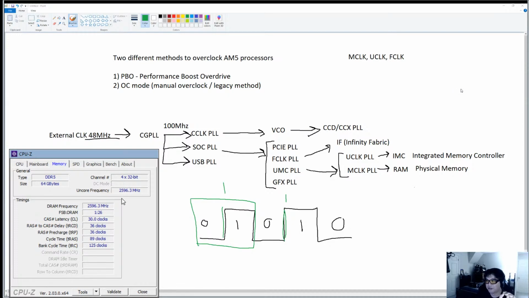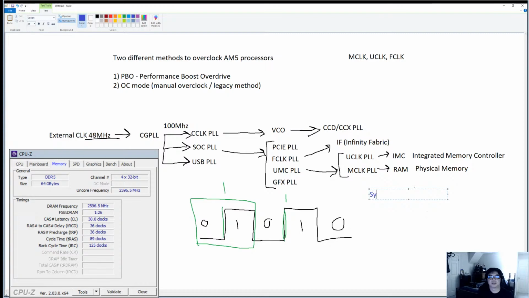So the other mode is asynchronous mode. Asynchronous mode means uclock equals half of memclock. So I guess what I'll do is I'll type out the equation. So there's synchronous mode, which is uclock equals memclock.